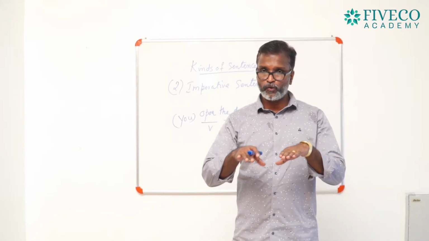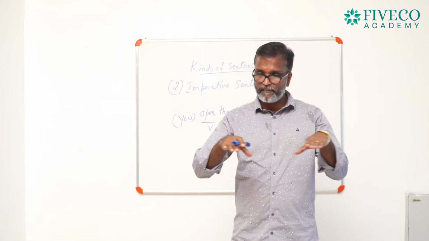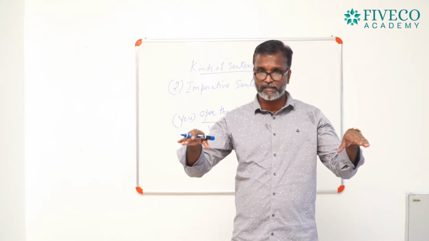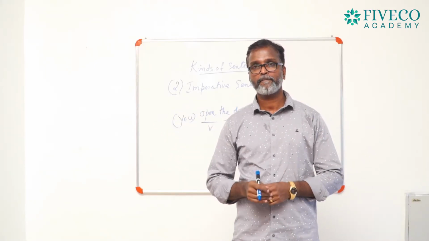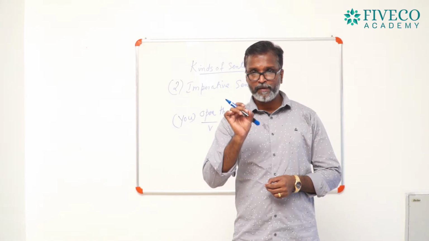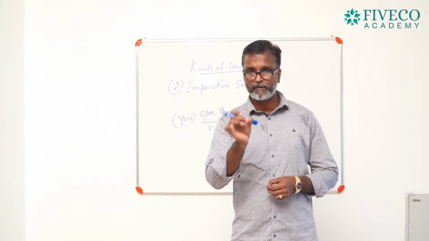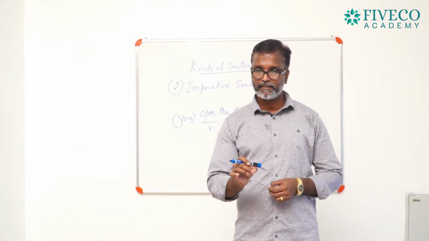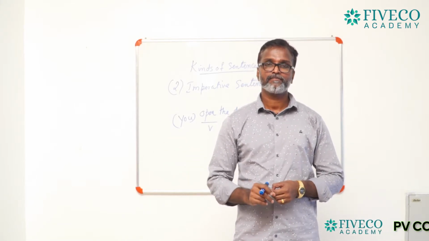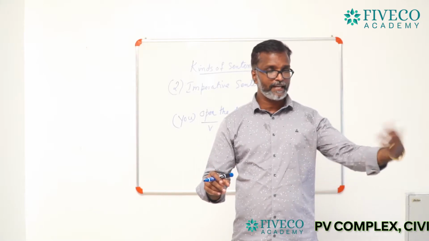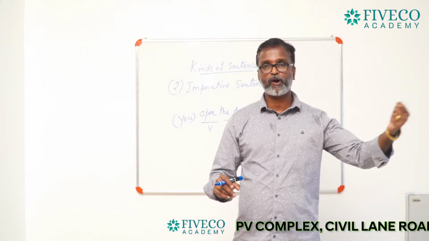For example, just imagine there are several students sitting in my class. More students are here, at least 50 students are here. And I want to mention one student from this group. I will say, you read the textbook. You read the textbook. And you write this problem.